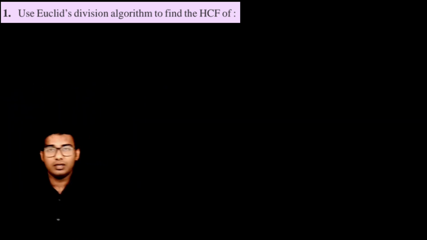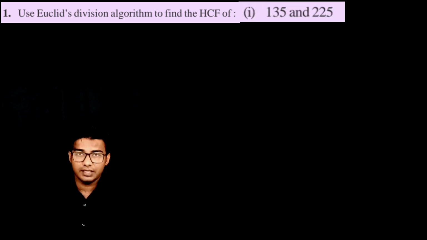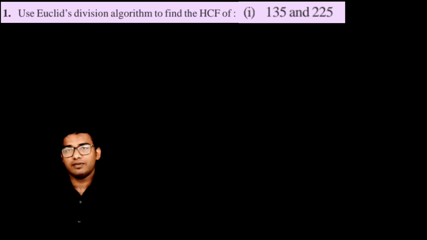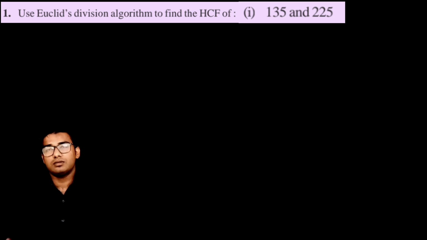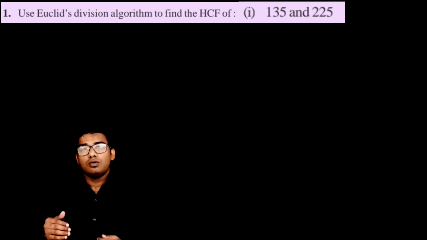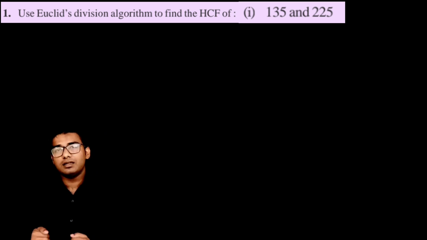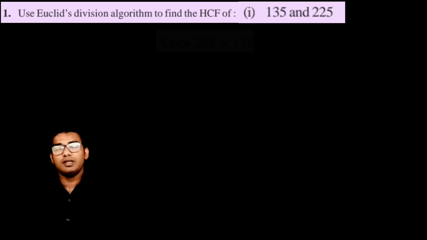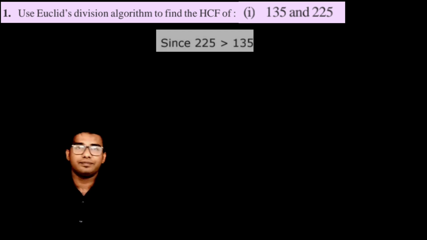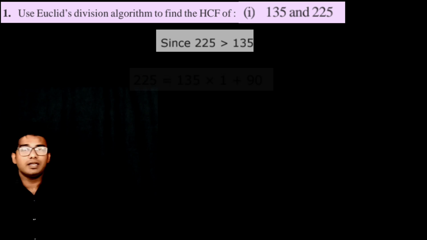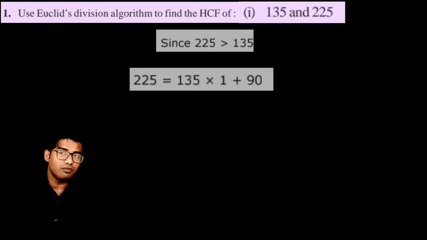I am doing only the first question; do the next questions yourself. If you have any problem you can comment, and I will solve it in the next video. Which number is greater of the two? 225 is greater than 135, and 225 can be written as 135 multiplied by 1 plus 90.